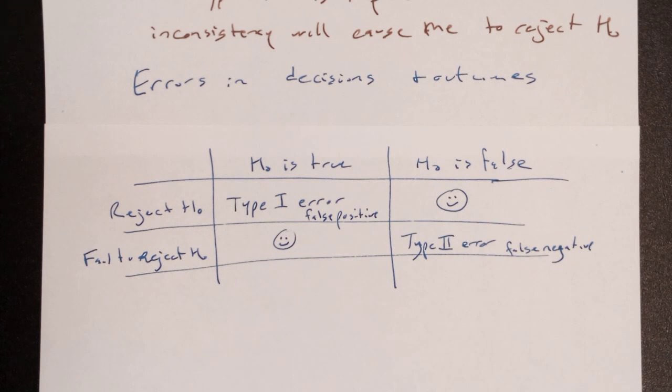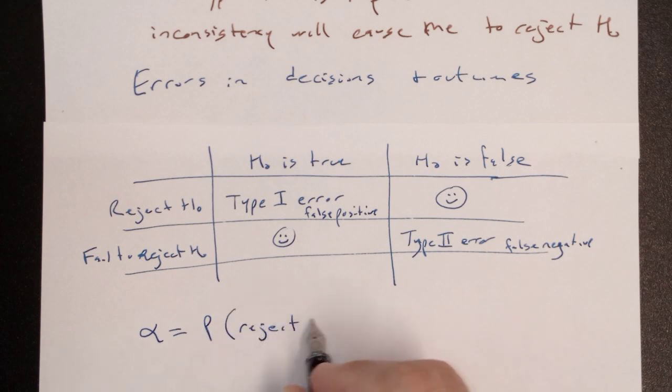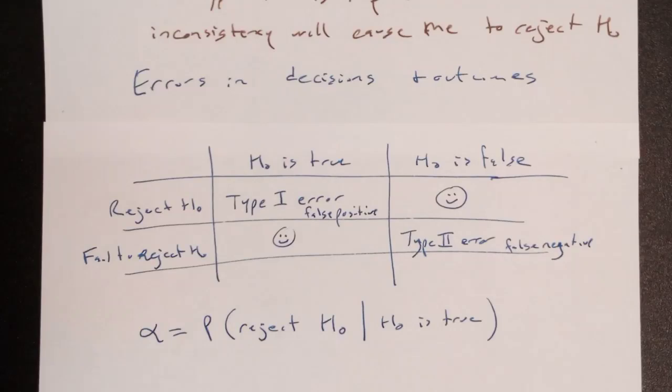Let's do some probabilities. This looks like one of our contingency tables, doesn't it? I'm going to call the conditional probability, the probability that I reject the null hypothesis even though it's true, alpha.